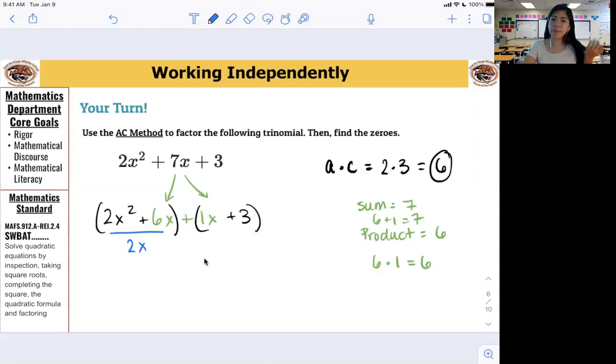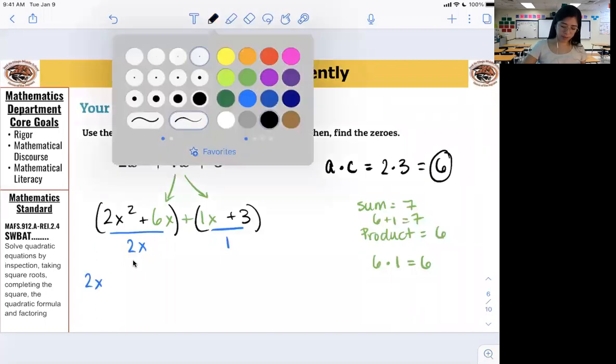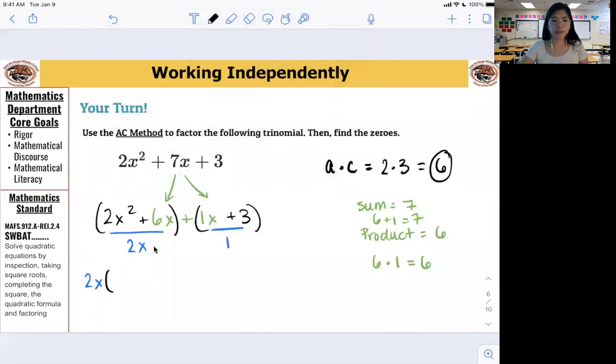By 1, so we can just write 1. If there's nothing else that they're divisible by, we just write 1. That's totally fine. So now here, I take out my 2x. What am I going to be left with? What's 2x squared divided by 2x? Good, we just get x.